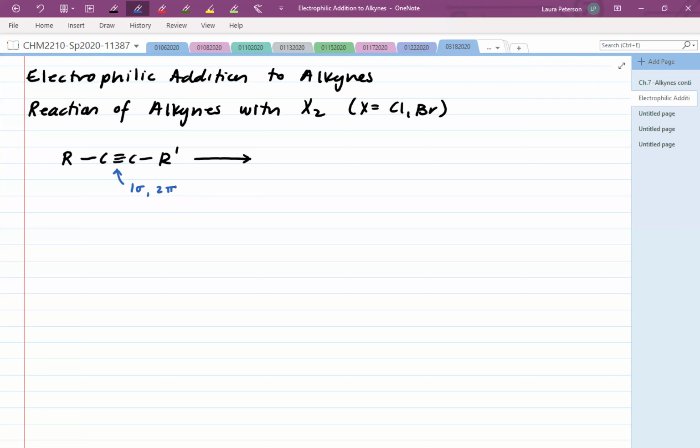I'm going to break each of these reactions up into what if we react just 1 pi bond with 1 equivalent of our reagent, or what if I react both? Let's take a look at reacting X2, only 1 equivalent. What we're going to see is we generate this species, and I'm going to jump back into line angle formula just because it's easier to write out.